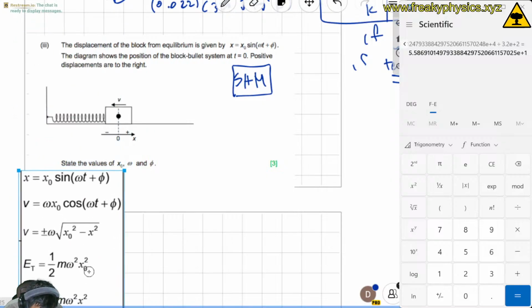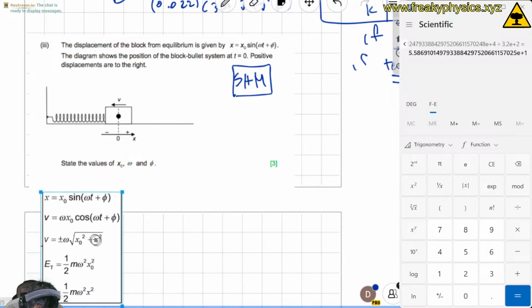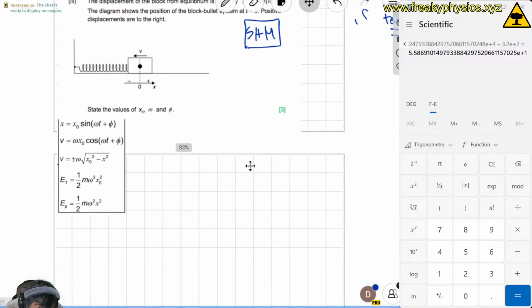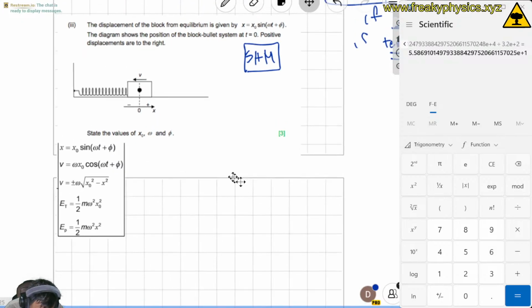Let's shrink that a bit. Which one seems promising? Because we want to find x0, we want to find omega, and we want to find phi, right? So let's take a look first. This is definitely promising, right? Because that's exactly what's given to you anyway.